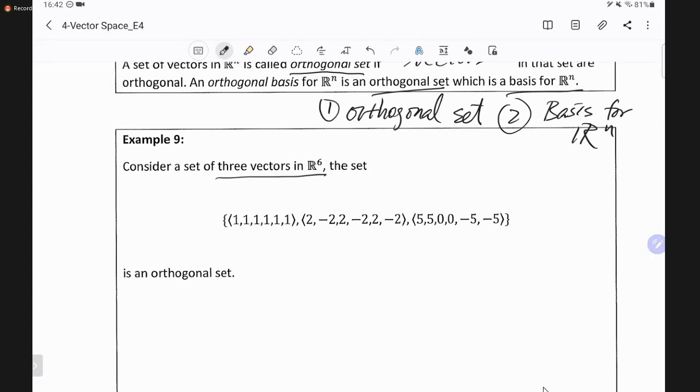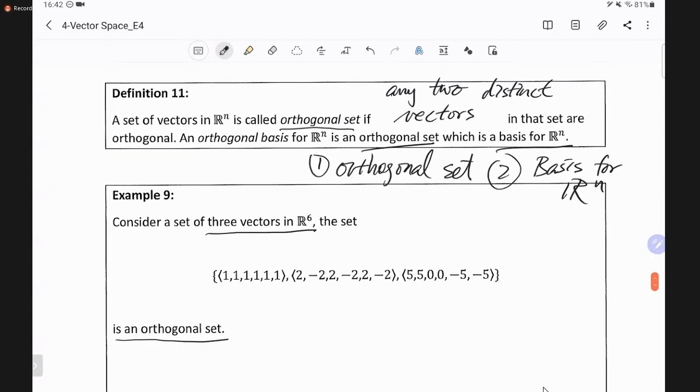In this question, you are asked to verify whether or not the following set consisting of 3 vectors is an orthogonal set. We may want to take a look at Definition 11 as well.